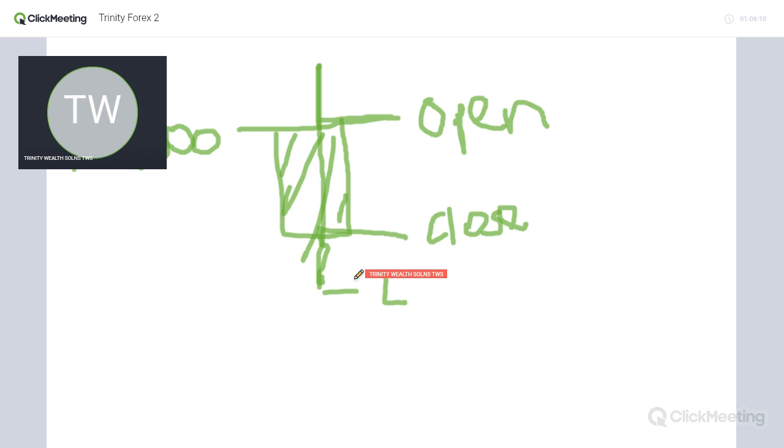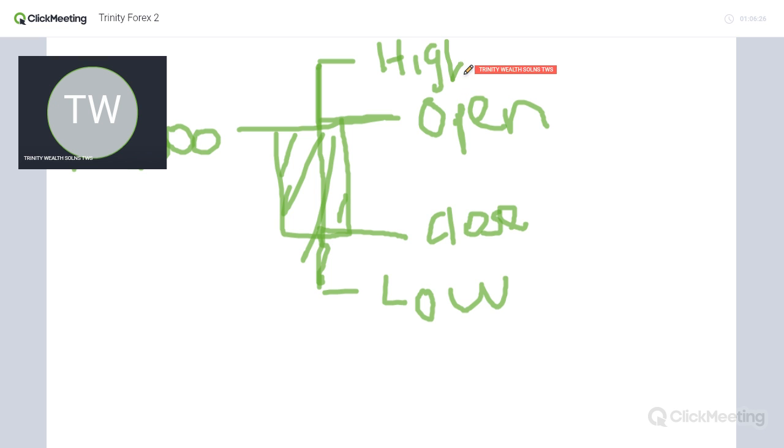It is the lowest price the market reached during that 1 hour. Low remains the low and the high remains the high. It doesn't change. The only thing which has changed is the open and the close. They have interchanged because here the bears carried the day, right? Everything else, the wicks, remains.